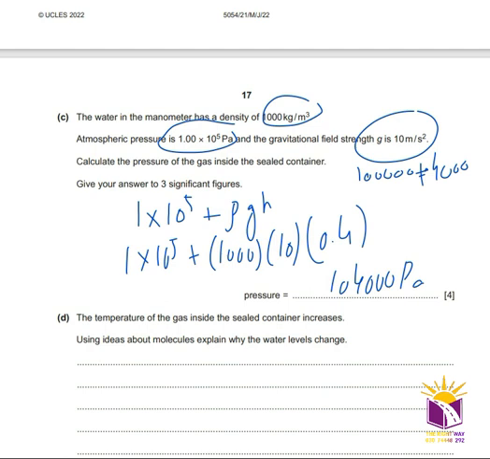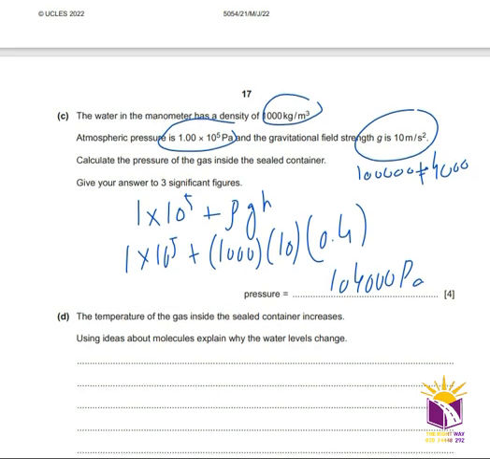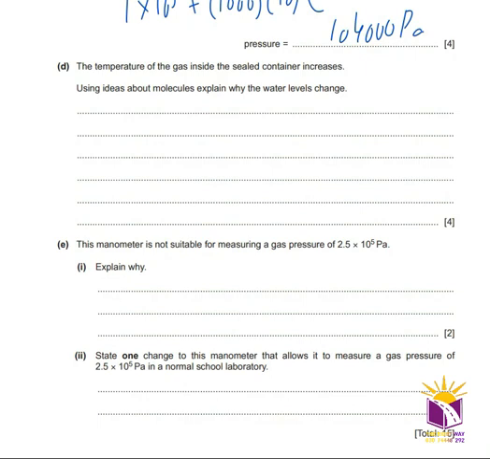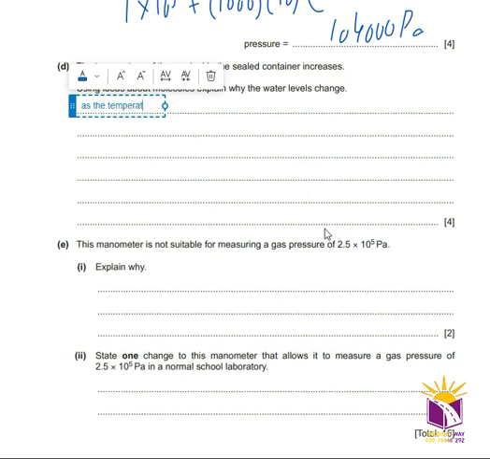The temperature of the gas inside the sealed container increases. Using ideal gas molecule, explain why the water level changes. As the temperature increases, the kinetic energy of the molecules also increases.